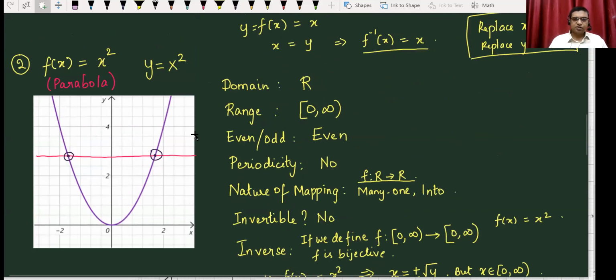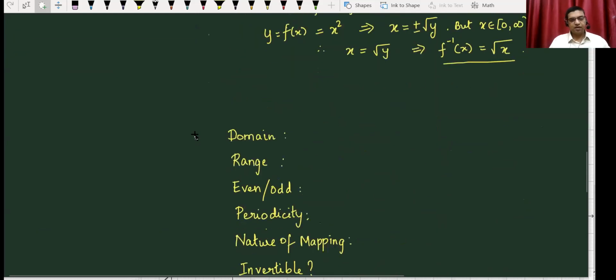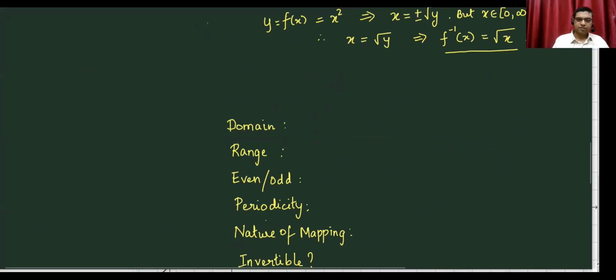First, let us do a simple cubic function, a simple cubic polynomial. Third degree, f of x is equal to x cube.